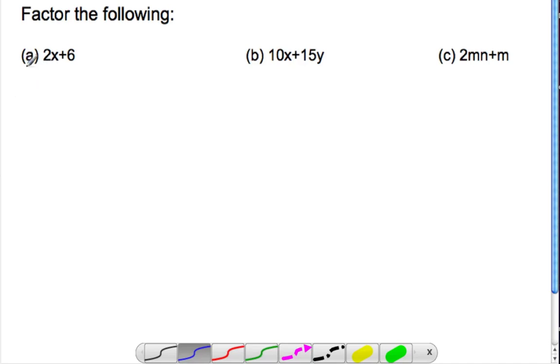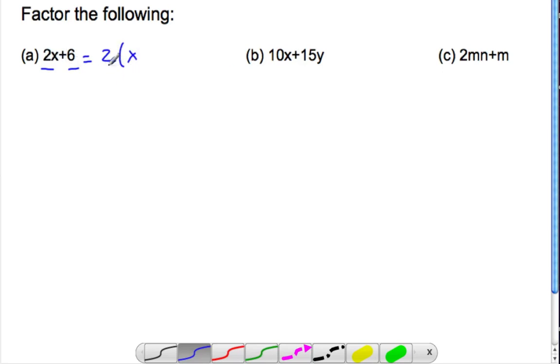Okay, so let's try and factor the following here. I think about these two terms, and I think what's common in here? Well, between the 2x and the 6, I know a 2 is in common in both those. This doesn't have an x. And so when that's the case, I think what times 2 gives me 2x? And that's x.